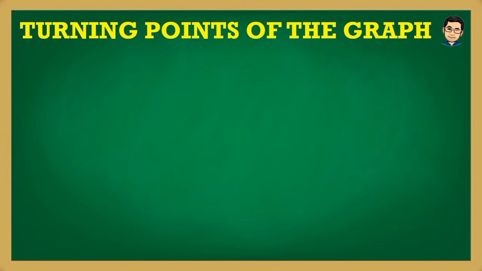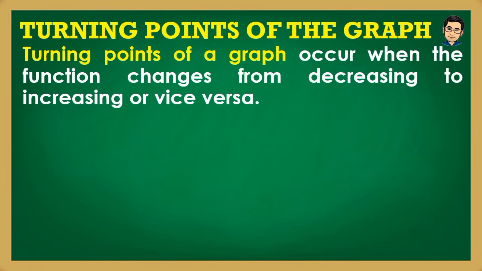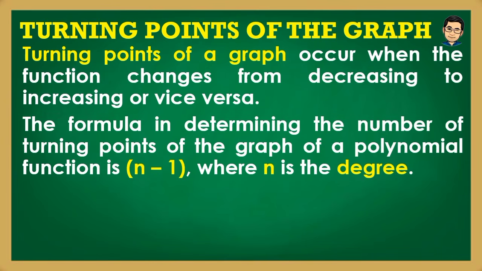Next, yung last naman, turning points of the graph. Turning points of a graph occur when the function changes from decreasing to increasing or vice versa. The formula in determining the number of turning points of the graph of a polynomial function is n minus 1, where n is the degree. So, kailangan po nakasulat po yung function natin in standard form bago natin i-apply yung formula para makuha natin yung turning points ng graph.